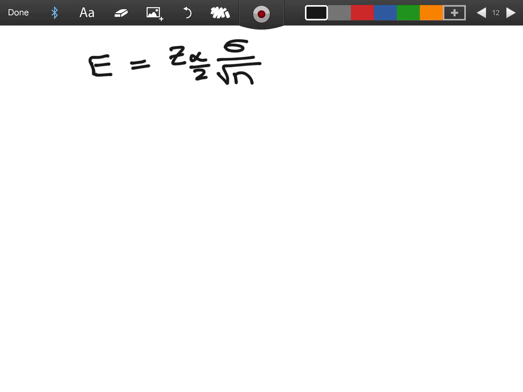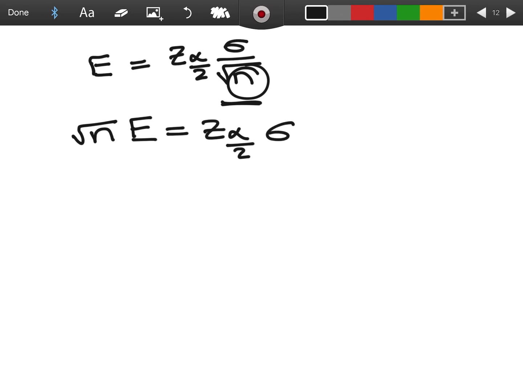What I want to do is rearrange this formula for n. So I'm going to multiply both sides through by the square root of n. That's going to get it off of this denominator here, and it's going to make sure I've got no fractions. So I would get the square root of n multiplied by the error term is equal to that z value times the standard deviation.